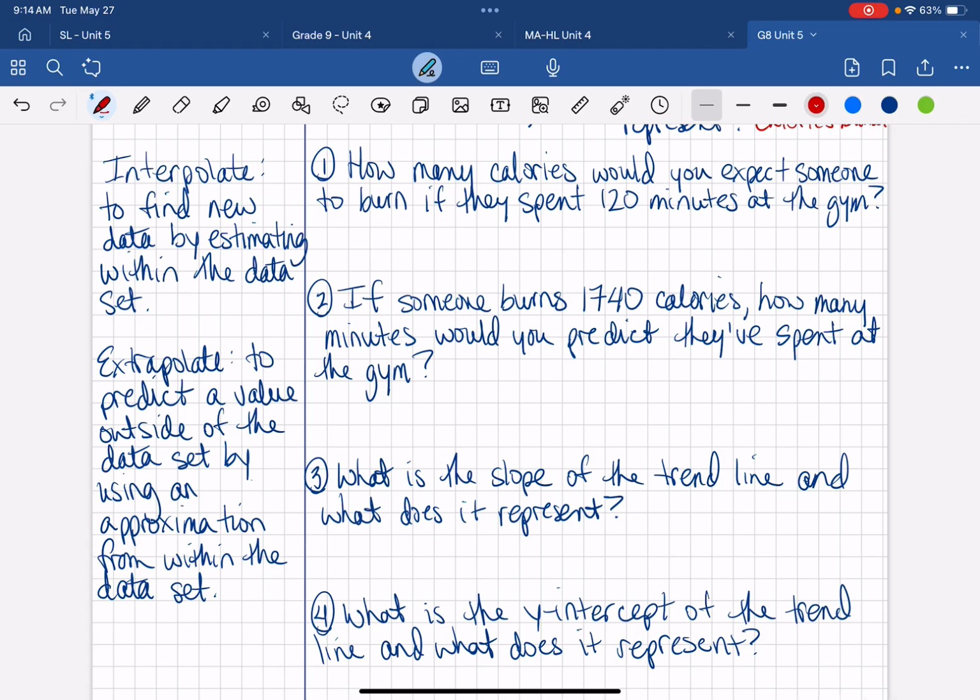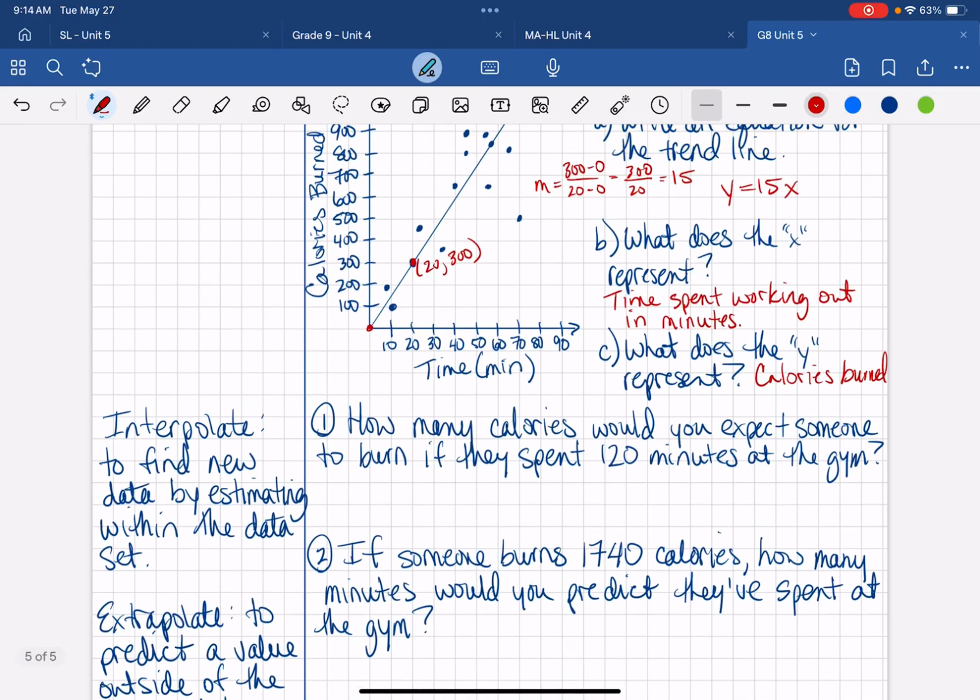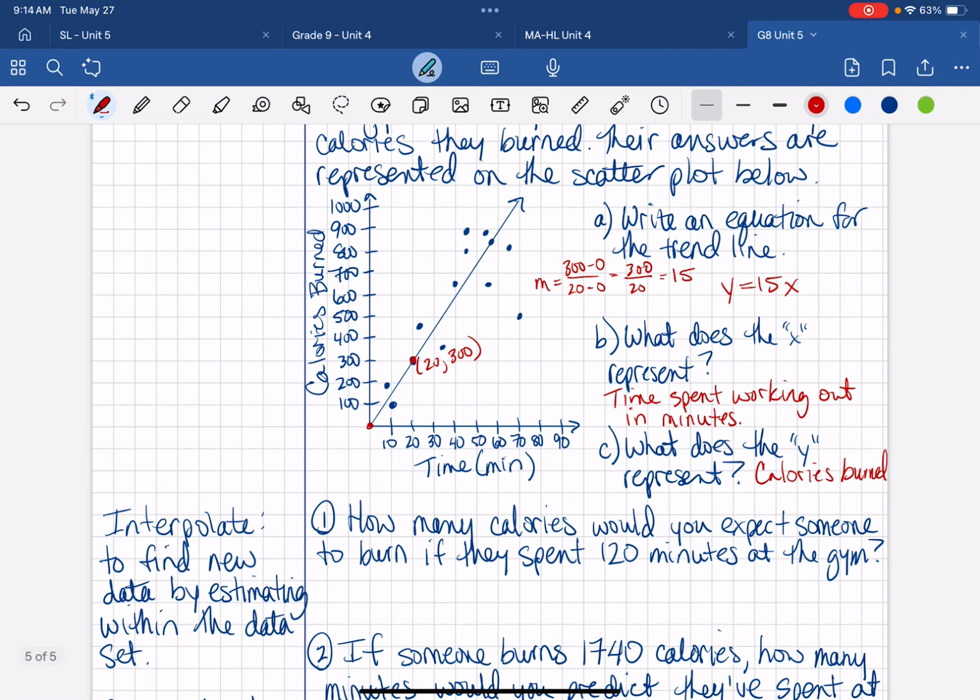So, how many calories would you expect someone to burn if they spent 120 minutes at the gym? So the graph doesn't even go up to 120 minutes. So I wouldn't be able to use the data set to figure out what this value is. So we are extrapolating here, but I can use the trend line because I have an equation that represents this within the data set.